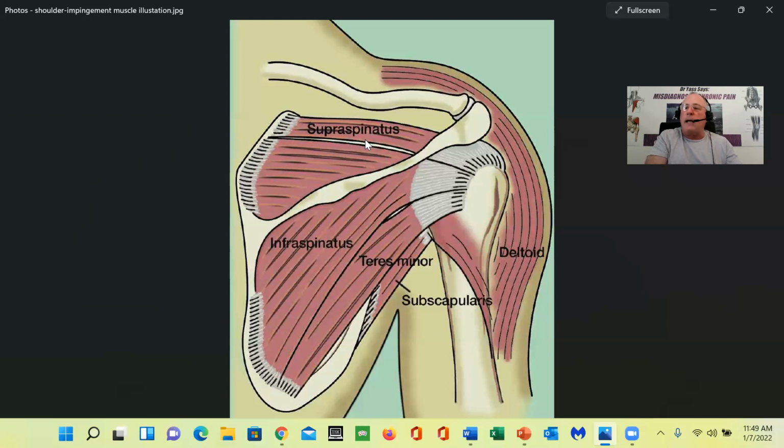You have to recognize that that is a 100% independent variable if your pain comes when raising your arm, because the supraspinatus can have nothing to do with raising your arm.